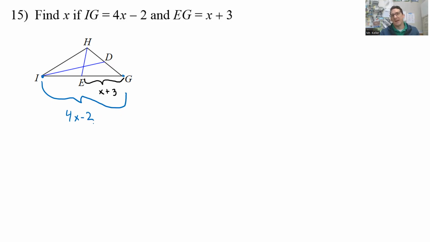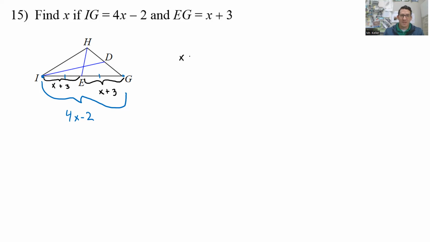So this one you've got to think about a little bit. So I to G is both these together. So these segments are together. Maybe the easiest way to think about this is, this part here would also be an x plus 3. All right. So since this is x plus 3, that also has to be x plus 3.